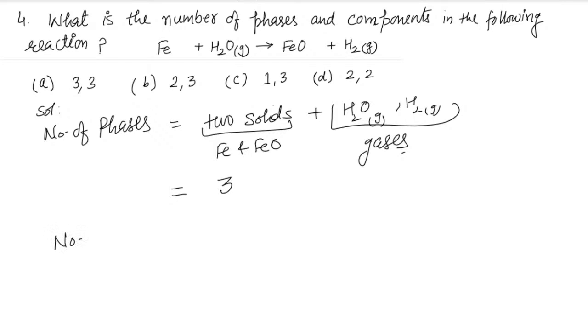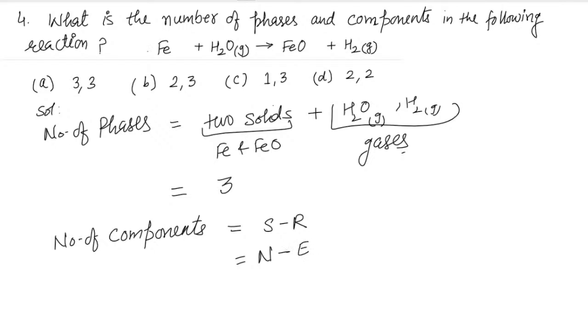Now number of components: number of constituents or species minus number of relations, or we can write number of constituents minus number of equations.